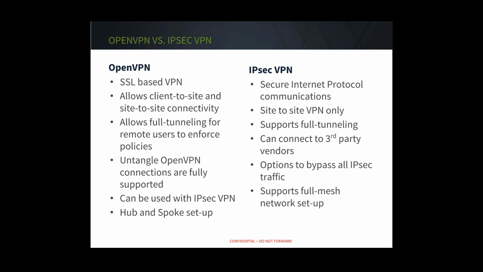OpenVPN enables you to create an SSL-based VPN that supports both site-to-site and client-to-site tunnels. Again, there is a way that you can set it up that works well for your organization with full tunneling. But if you need something that's more secure, then IPsec VPN might be the way that you need to go.